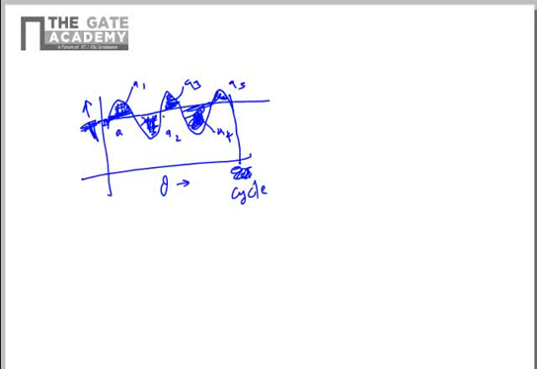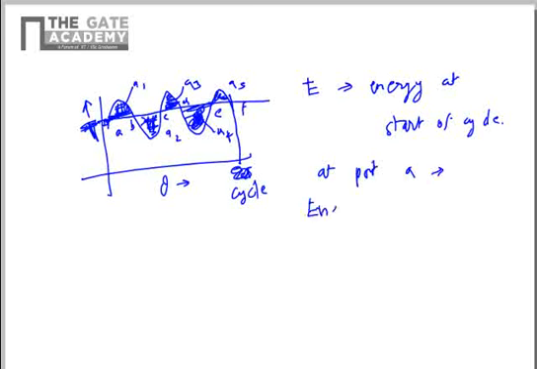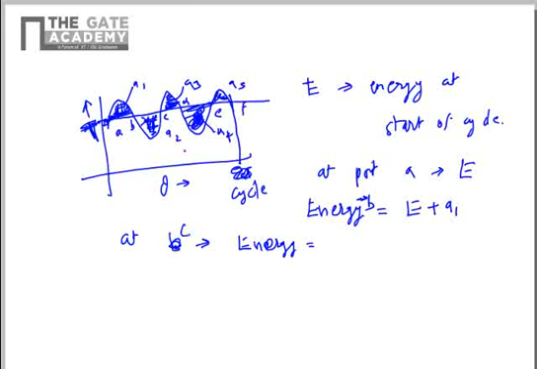So one cycle. Here you can see, let E be the energy at the start of the cycle. Let's say the points are A, B, C, D, E, F. At point A, the energy of the crankshaft is E. The energy at point B will be E plus A1, because the area A1 has been added. The energy at point C will be E plus A1 minus A2.